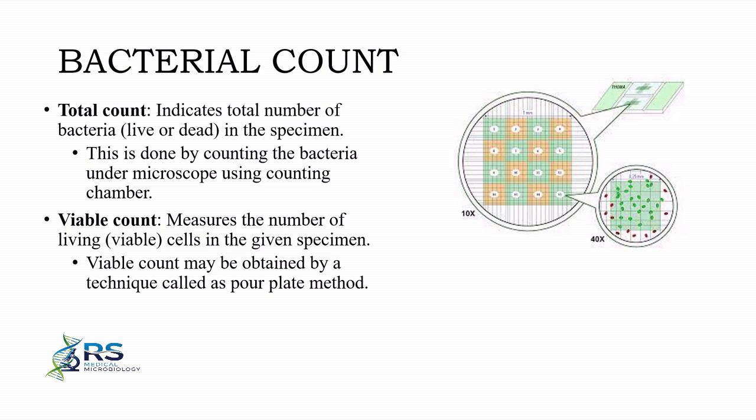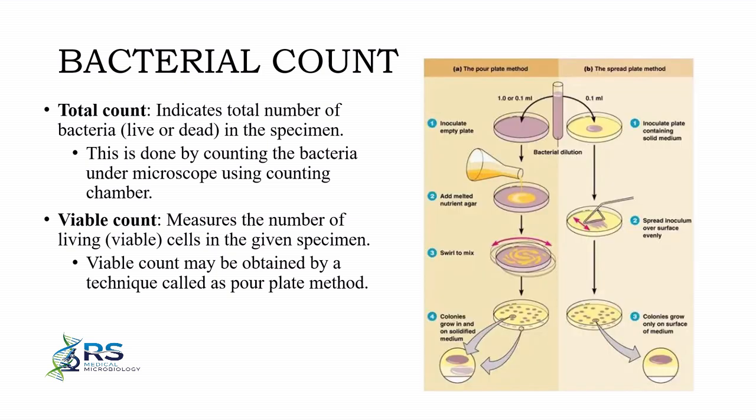But the only thing is we cannot differentiate whether they are live bacteria or dead bacteria. The next terminology is a viable count, where we count only the bacteria which are alive. That is done by the pour plate method. The solution containing the bacteria is mixed with the media, and obviously the ones which are alive will multiply and grow on the pour plate.